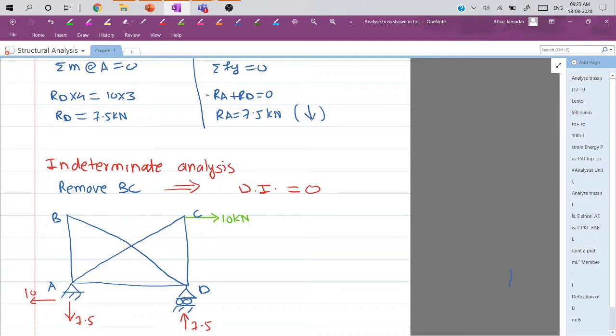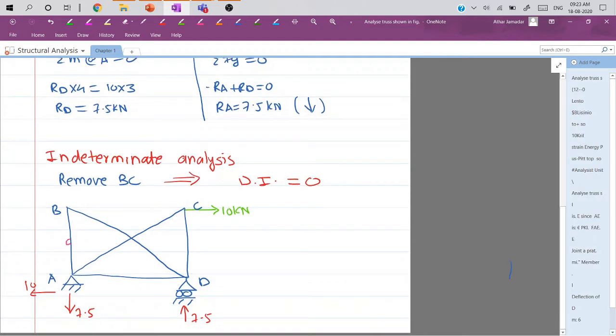Select joint B. Because external forces are not acting on joint B, the force in BA and the force in BD are going to be 0.